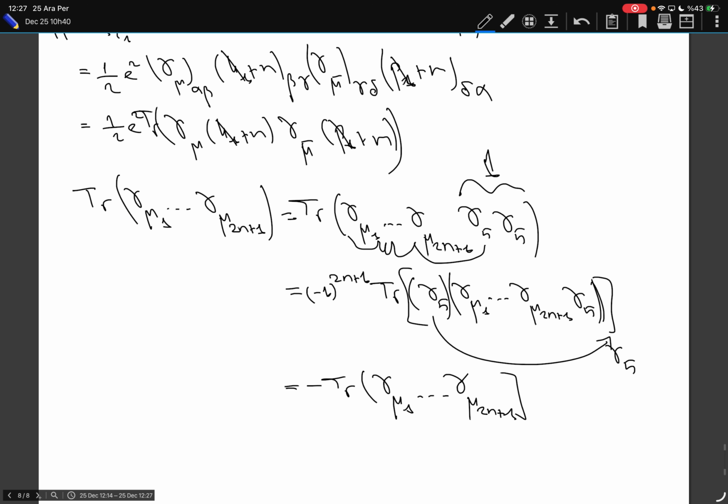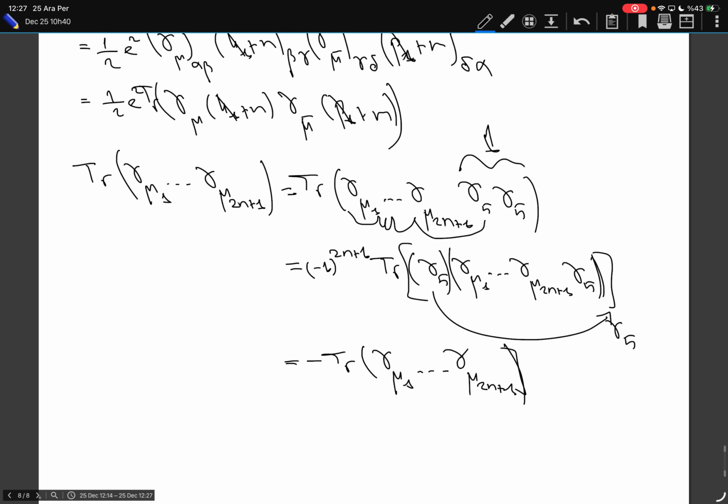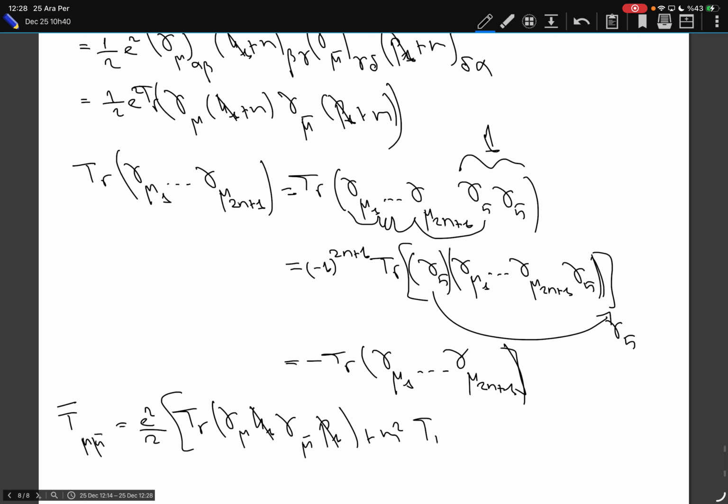Okay, so back to our product. T^μ μ̄ average. This is E squared over 2 times the trace. I have γ^μ K1 slash γ^μ̄ P1 slash plus M squared trace of γ^μ γ^μ̄.